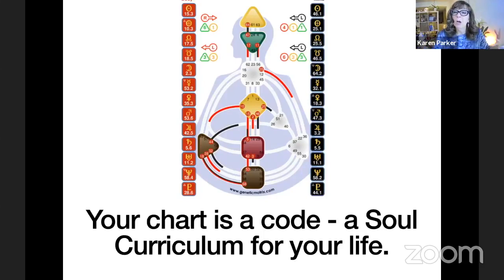So your code contains your personal code. It also tells you, once you learn how to interpret your experience in the world and understand the chart, key things you need to explore and learn about in order to wake up to the experience of you being light or you being awakened to the light.